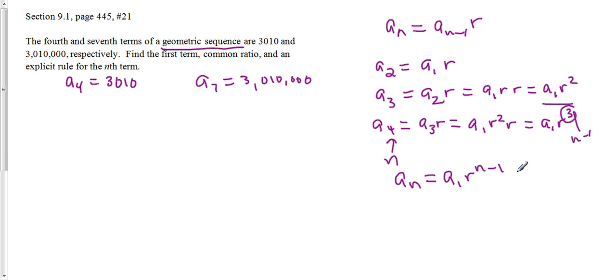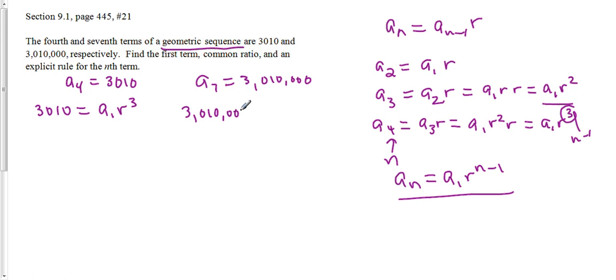I'm going to use that. I'm going to go back to my problem now, and I'm going to rewrite A4 and A7 in terms of this equation. So I've got A4, which I know has a numerical value of 3010, but I can also write it as A1 times r cubed. Here, n is equal to 4, which means that n minus 1 is 3, and n minus 1 is the exponent for my r. I can do the same thing for A7.